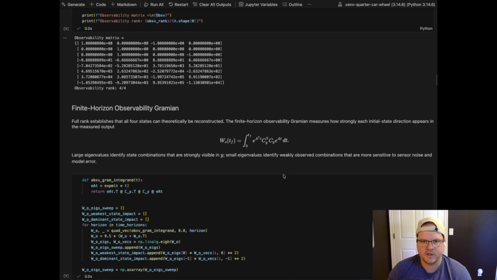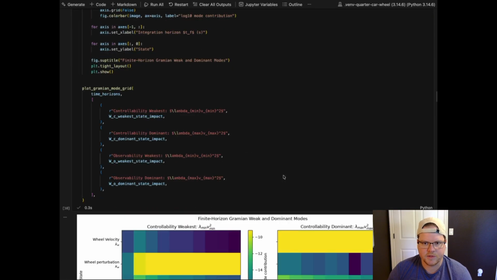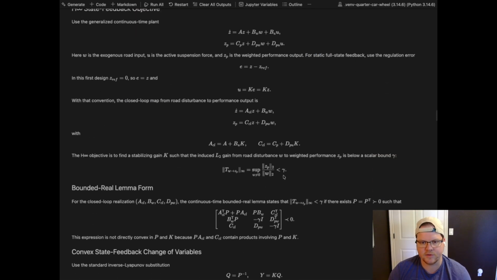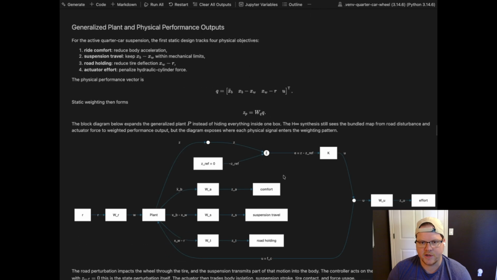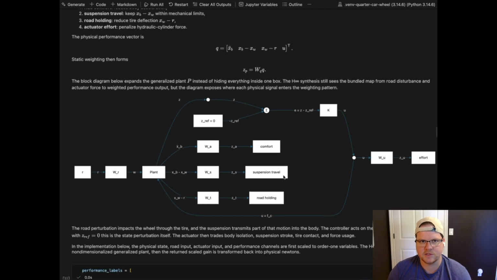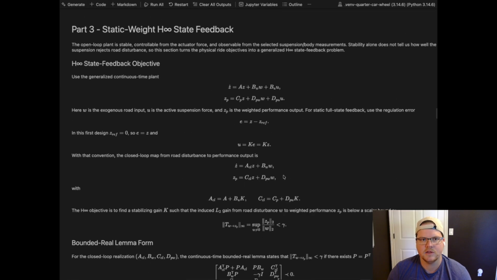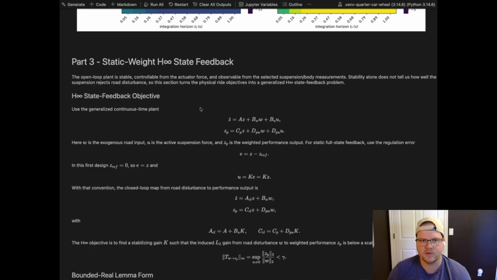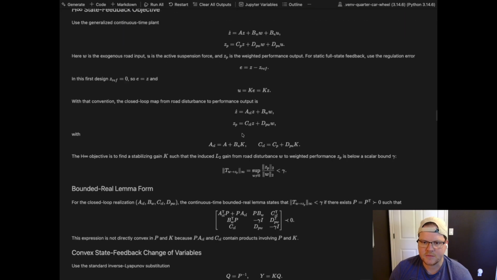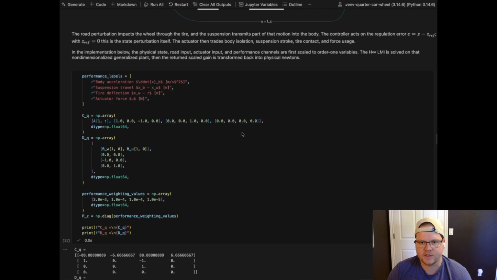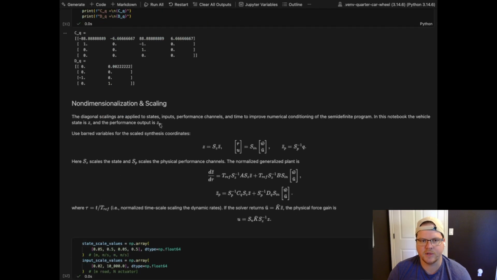And really briefly, I just wanted to clear up perhaps an area that could be confusing, and I was a little too cavalier on the similarity transforms introduced in the state, sorry, this H infinity state feedback with the static weighting. So if we go down to the scaling part here, where I'm non-dimensionalizing and scaling, this was a little bit different than what I was doing in H2.